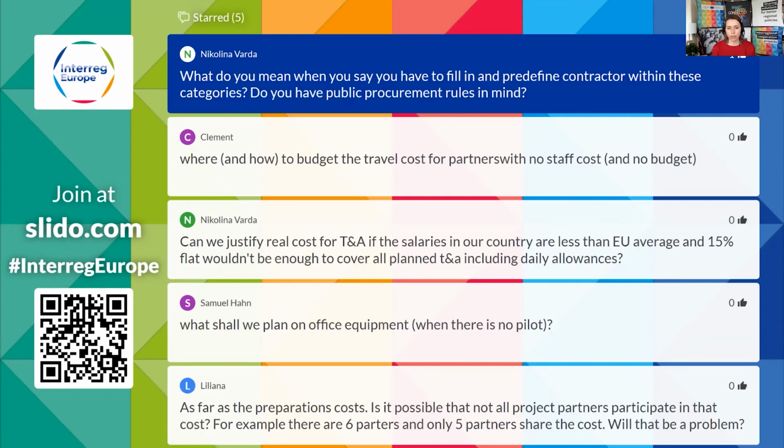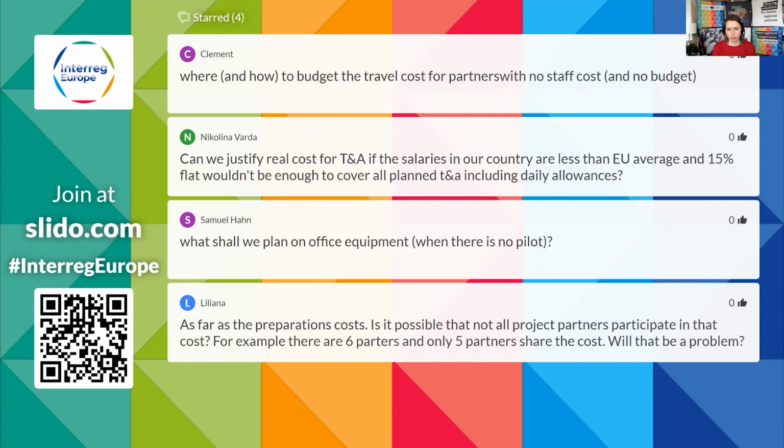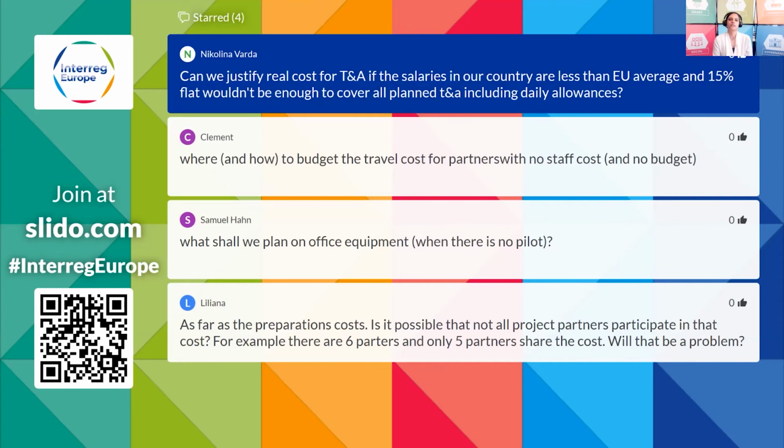Nicolina has a question. Can we justify real costs for technical travel and accommodation if the salaries in your country are less than the EU average, and the 15% flat rate would not be enough to cover all planned travel and accommodation costs, including daily allowances? Yes, well, on this question, I can only highlight once again that based on the statistical analysis we carried out at program level on the ratio between travel and accommodation costs and staff costs reported by our projects, what we saw is that the 15% should really be enough to cover the real travel costs of our partners.